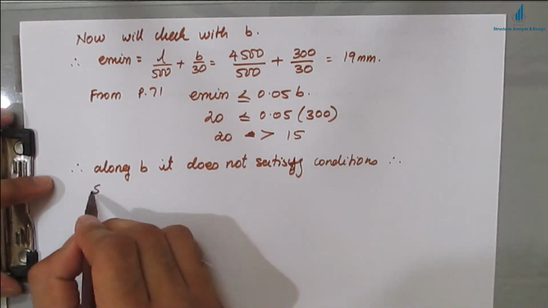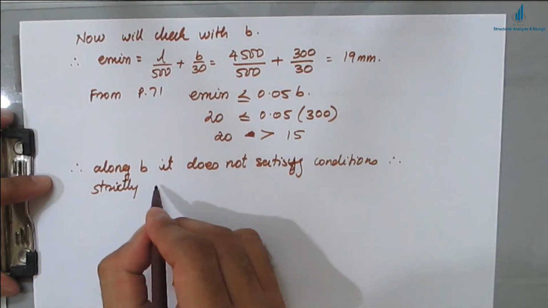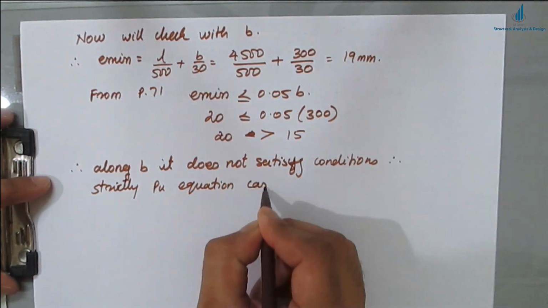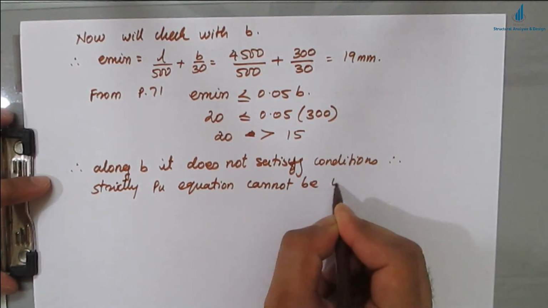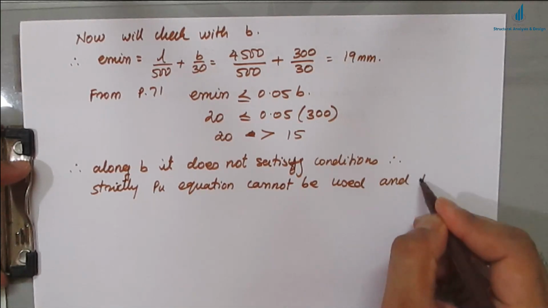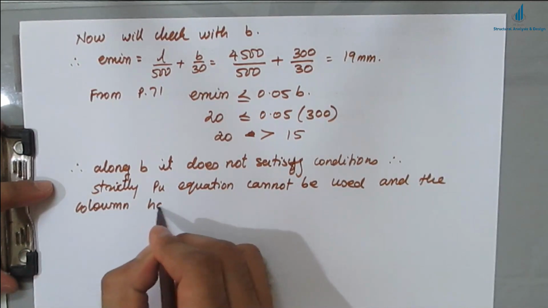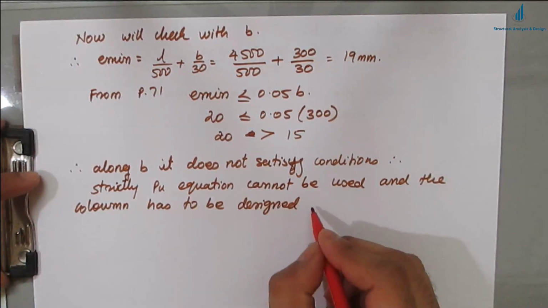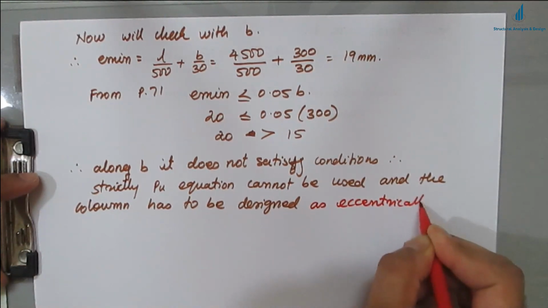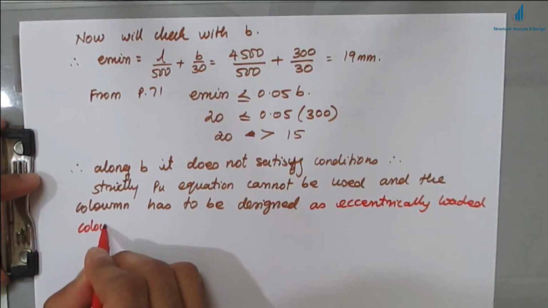Therefore, strictly the PU equation cannot be used, and the column has to be designed as an eccentrically loaded column.